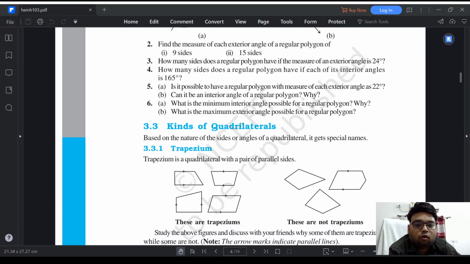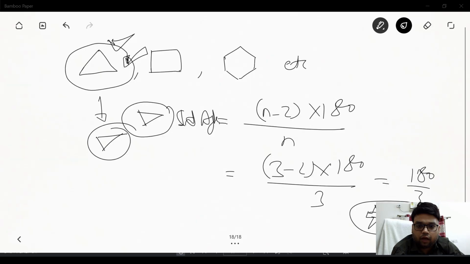So how will you solve this one? I am explaining the exterior angle formula, 360 by n. Since a regular polygon must have three sides, I'm explaining in the diagrammatic format for better clarification.